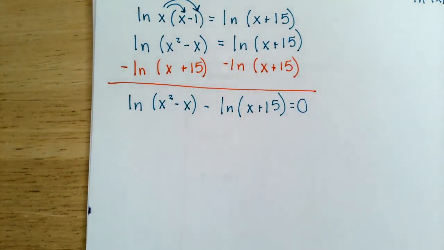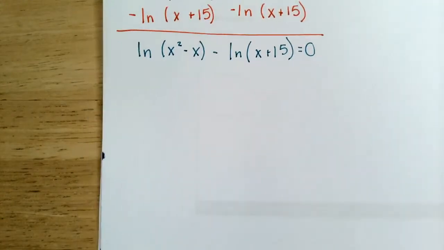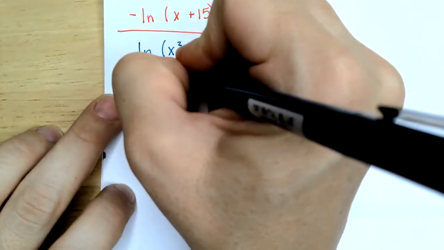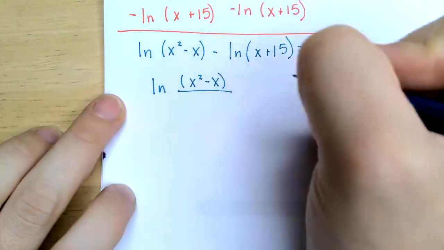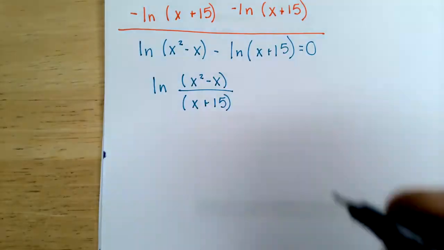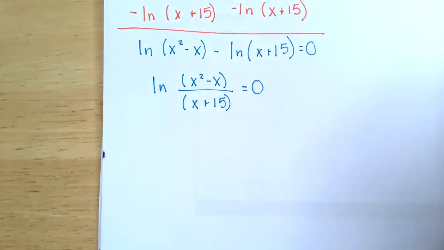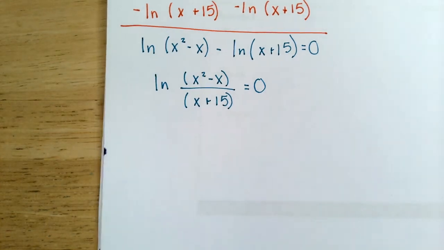Good. Now I can change the subtraction to a division problem. The natural log of X squared minus X over X plus 15 equals 0. Good. Now, just like we've been doing before, it is time to convert.